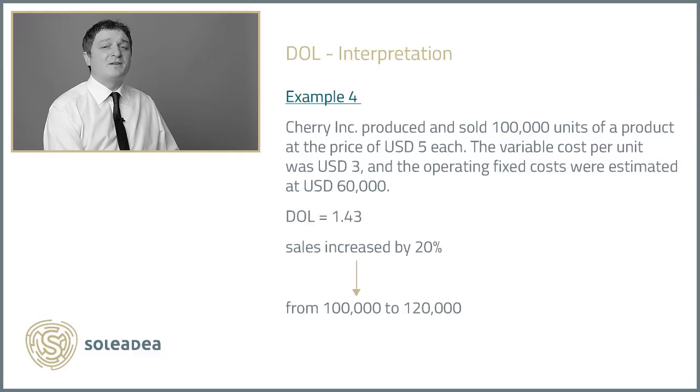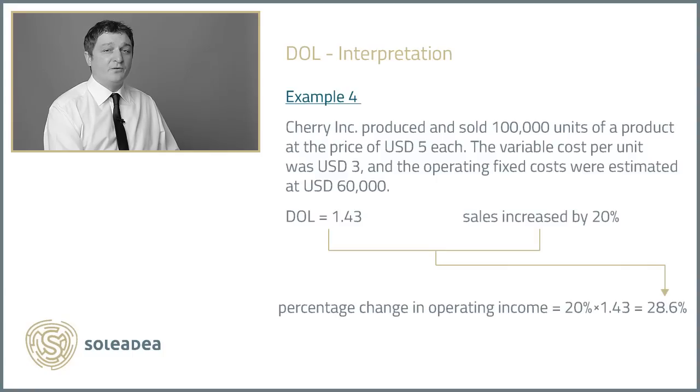And now, to sum up our discussion about DOL, we're going to analyse again the previous example in which we calculated the operating leverage with sales equal to 100,000 units. This time, let's assume that sales increased from 100,000 to 120,000, so by 20%. If you know that the operating leverage is 1.43, you can calculate the percentage change in operating income using these two values.